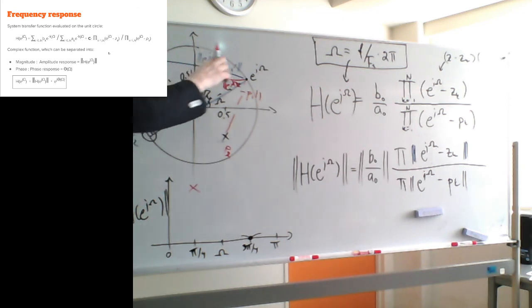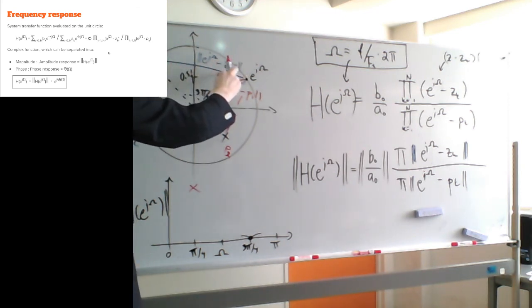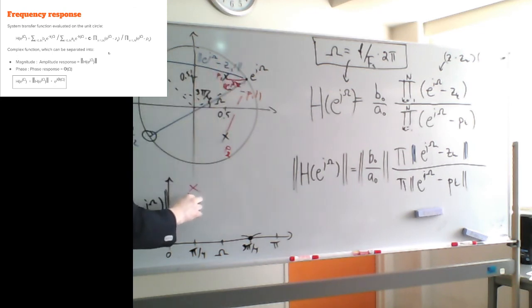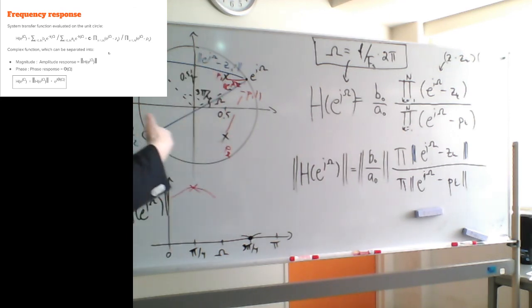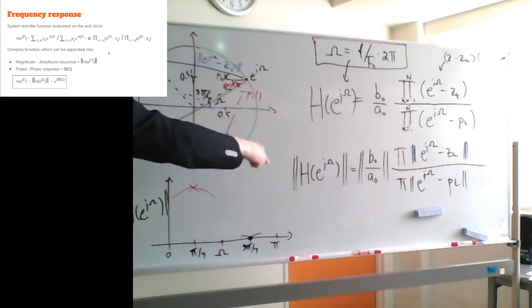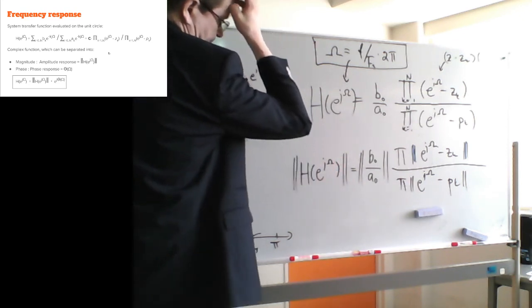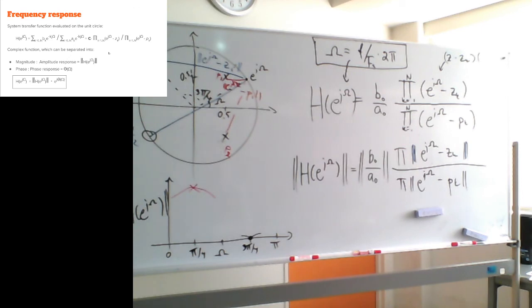Depending on how close this one is to the unit circle, you basically have either a peak here or a kind of flat valley here. So I'm just guessing this might actually look something like this in here. Maybe. We'll see it later. And there's nothing else that actually affects this amplitude response except those two special points.